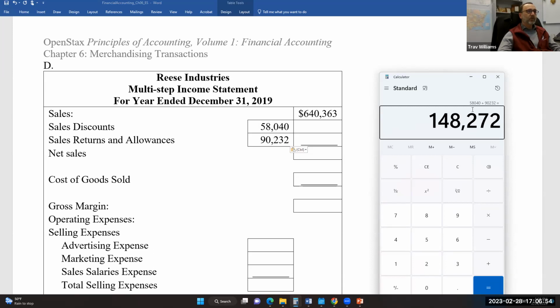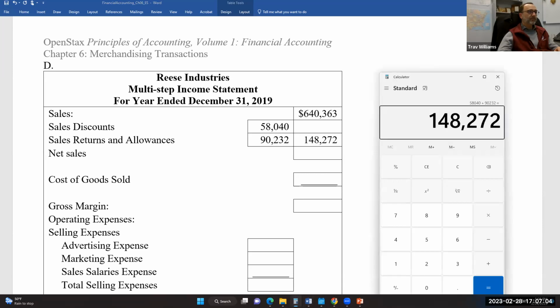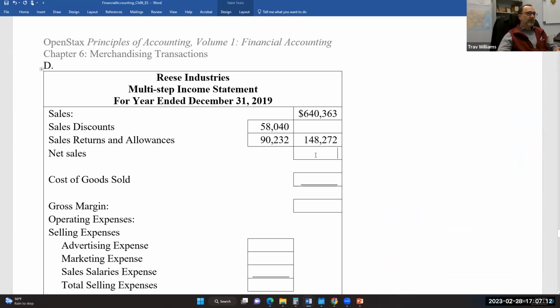So that's 148,272. I'm going to put that subtotal here. Then when I subtract it from our gross sales, that will give us net sales. $492.91. Okay. So that's our net sales.